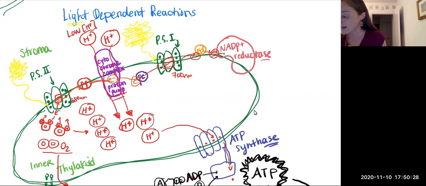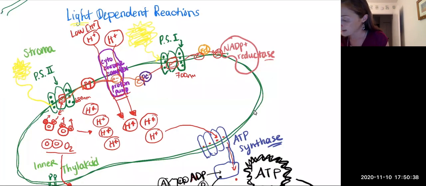And in the NADP reductase, a similar thing kind of is happening as in the ATP synthase. It's going to connect nicotinamide adenine dinucleotide phosphate with the electron and with a hydrogen.